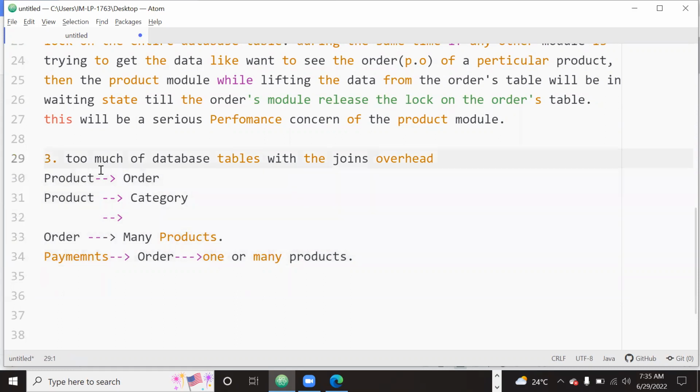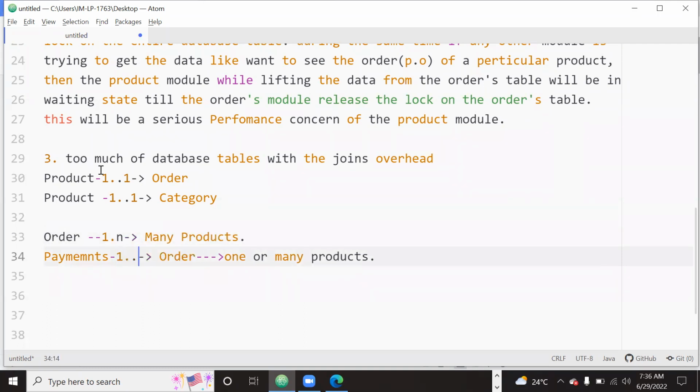So a product may have one order, and one product falls into one category, and one order may be for many products, and one payment for one order, where one order contains many products.